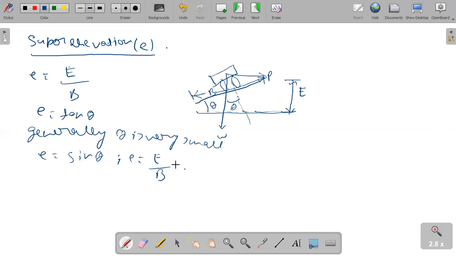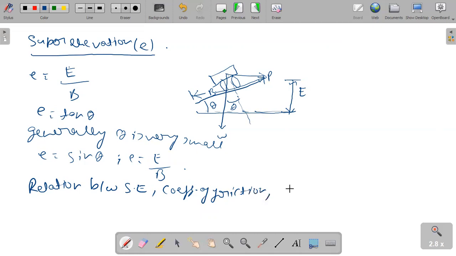Now let's move on to the relation between super elevation, coefficient of friction and centrifugal ratio.